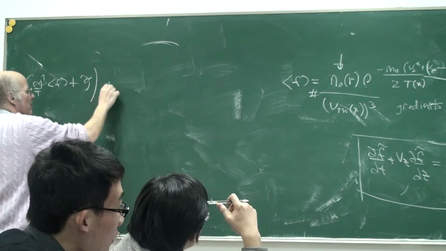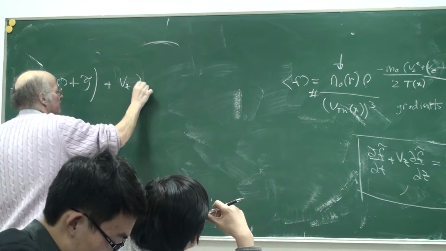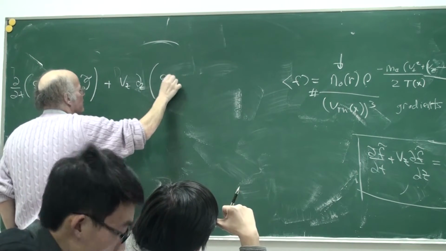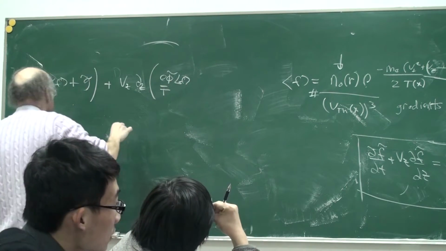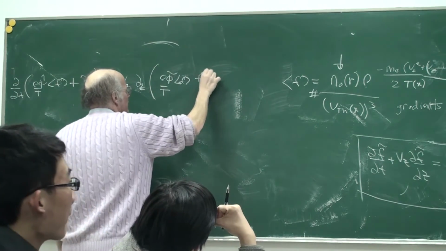And I get plus Vz d by dz of E phi over T times F average plus G tilde.